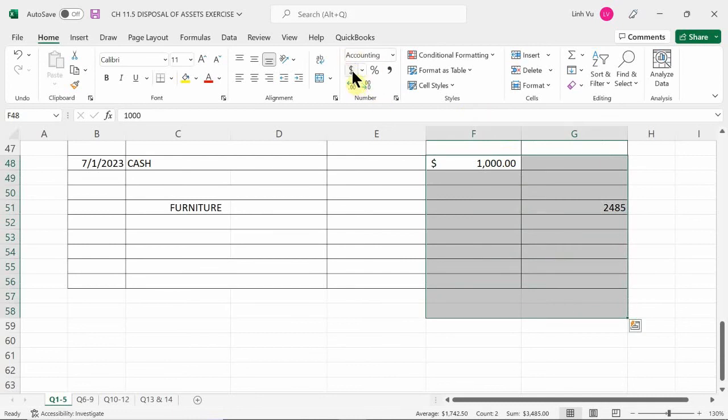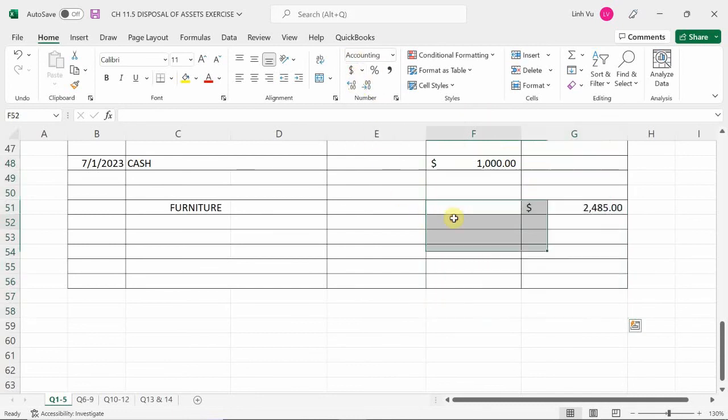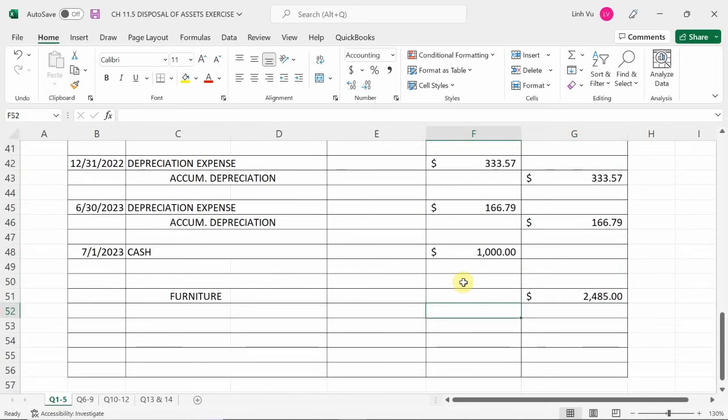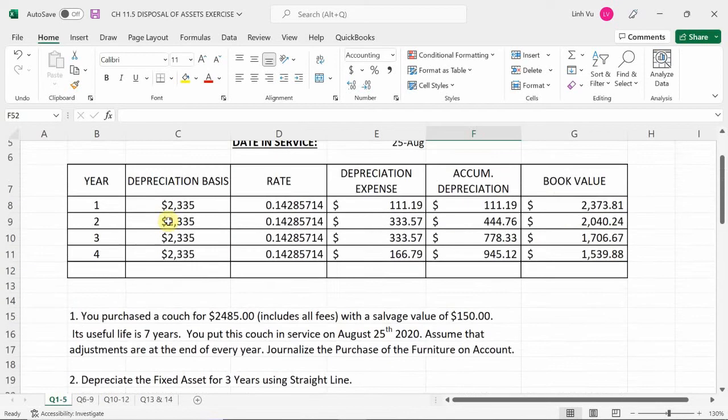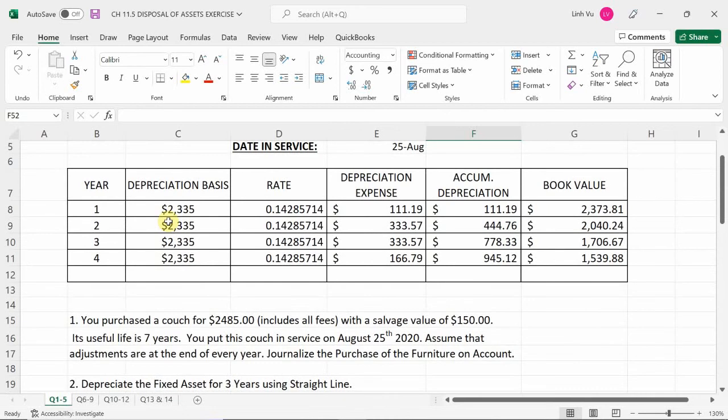Now, in this case, what else do I also have to recognize? Just because I purchased my furniture for $2,485, what else do I need to get rid of? Is it the book value?